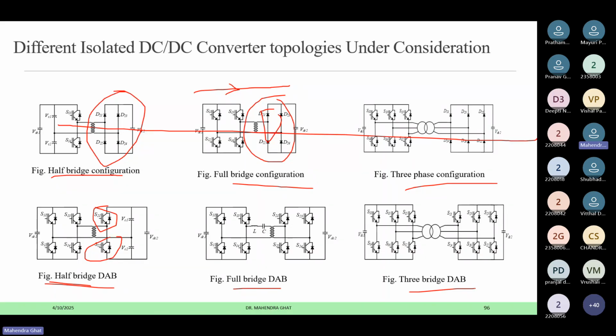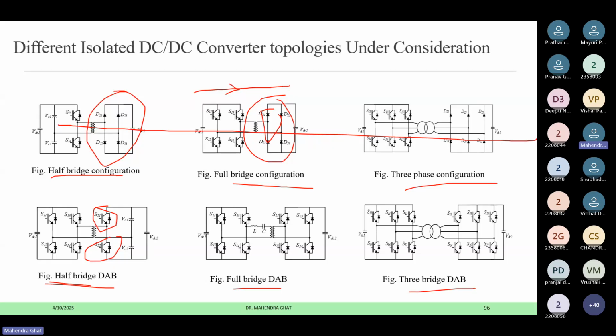If I want to analyze the operation of any converter, I require all the basics of inductors, capacitors, and all that. Also, to control these devices, I require control topology. Also, as I said, these switches will not be ideal switches.